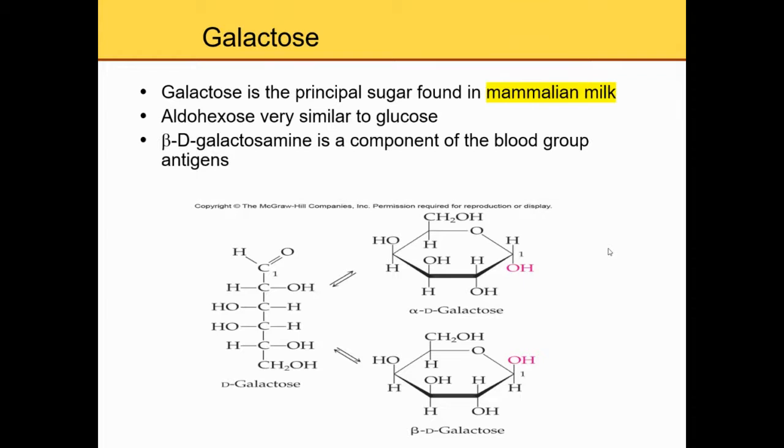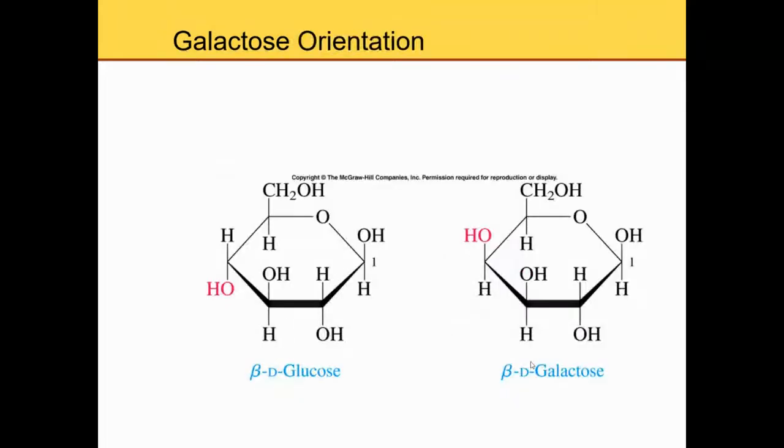And then galactose is the principal sugar found in mammalian milk. Okay, that's called galactose. This is D-galactose, and then alpha-D-galactose, beta-D-galactose. And this is a different orientation between glucose and galactose.